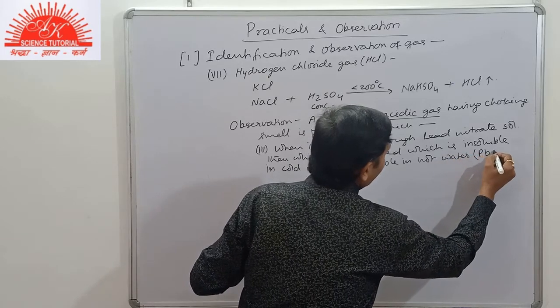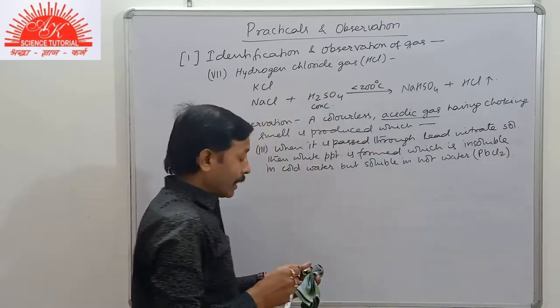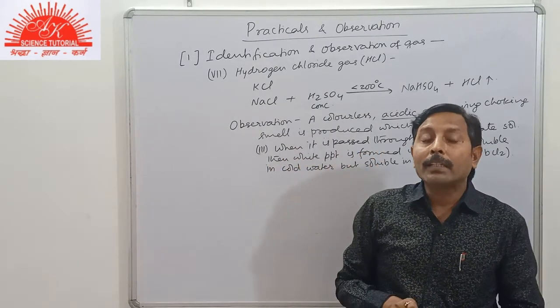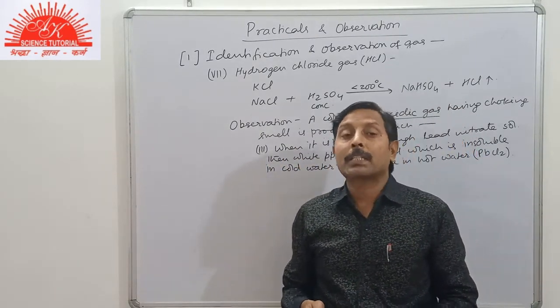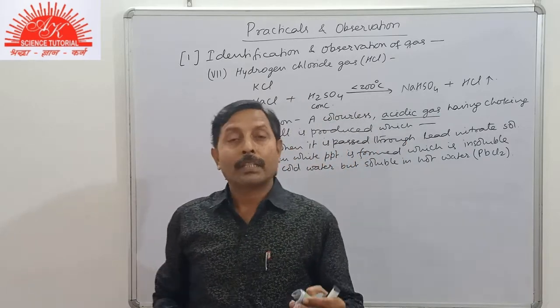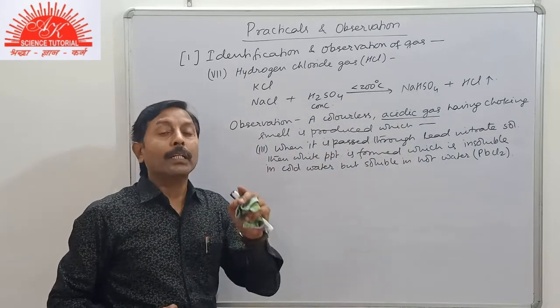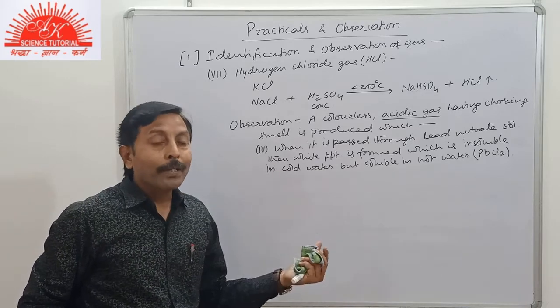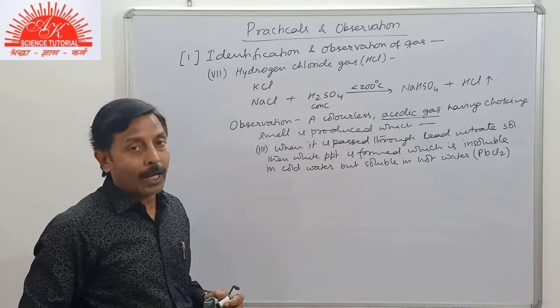Actually, this is for lead chloride. This is the characteristic test of lead chloride. So, if in any question it is given that a white precipitate is formed, which is soluble in hot water but insoluble in cold water, then it will be identified as PbCl2, lead chloride.